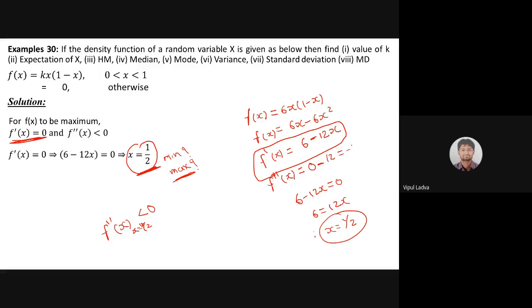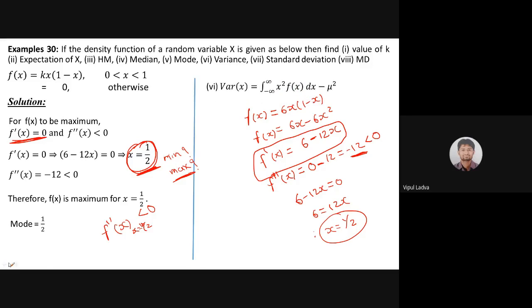So 0 minus 12 is minus 12. One can easily observe this is a negative value, minus 12, which is less than 0. That means x equals half is the maximum point. That means at the point x equals half, our probability is maximum, is it? So I will declare that half as the mode. This is going to act as my mode.